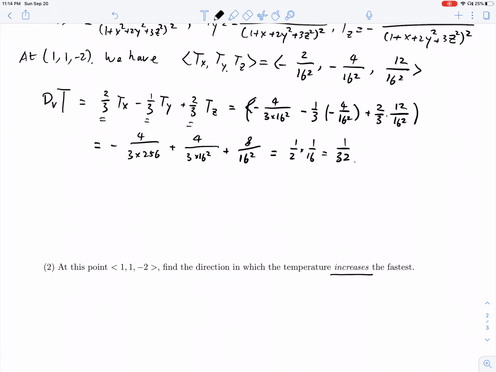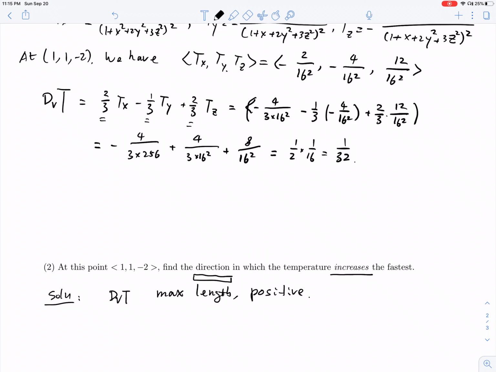We want to find direction v so that this one over here has maximum length and is also positive. And it's just the direction, so it has to be a unit vector.